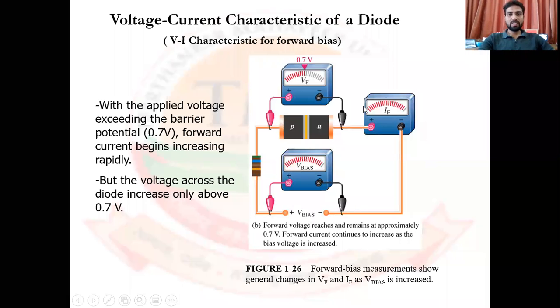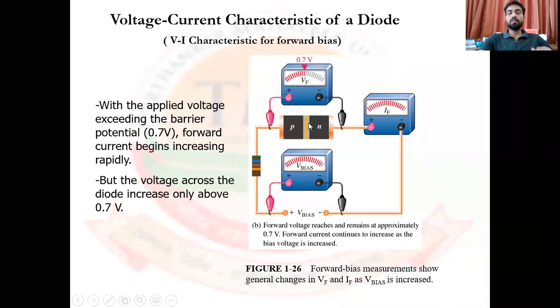Here we see the two voltmeters and one ammeter. This one shows the drop, and this one shows the applied voltage, which is the biasing voltage. The voltage across the diode is called the forward bias voltage, and the current flowing through the wires is called the forward bias current.